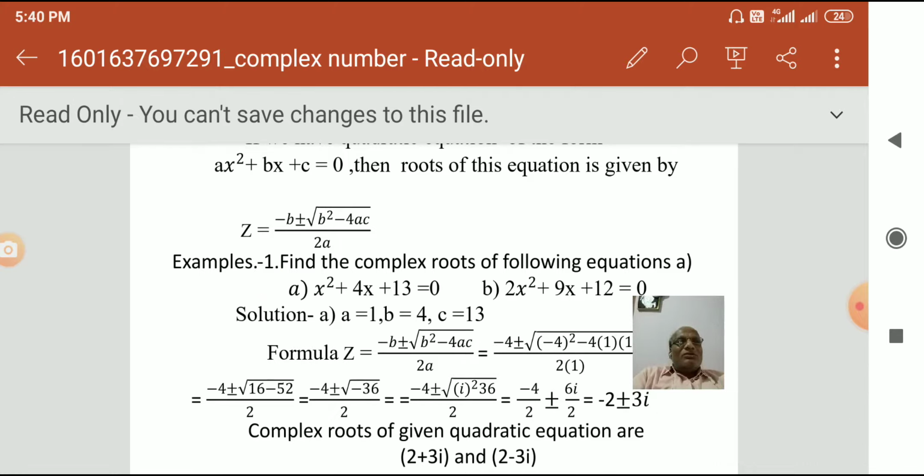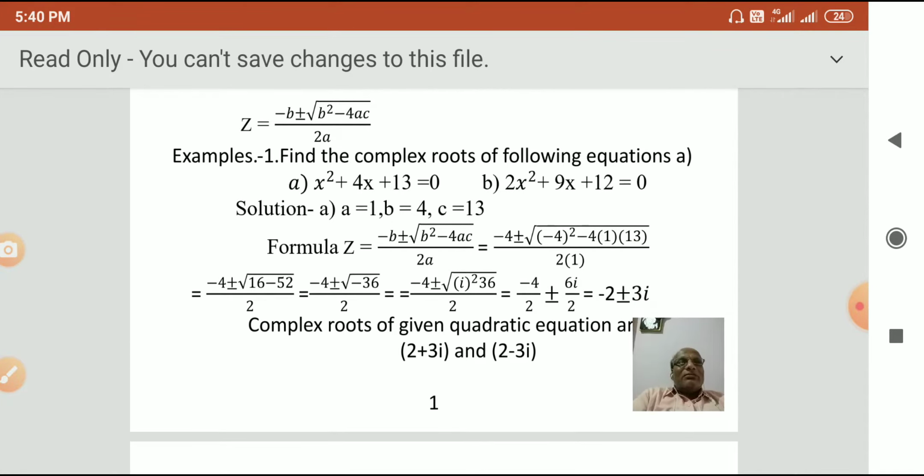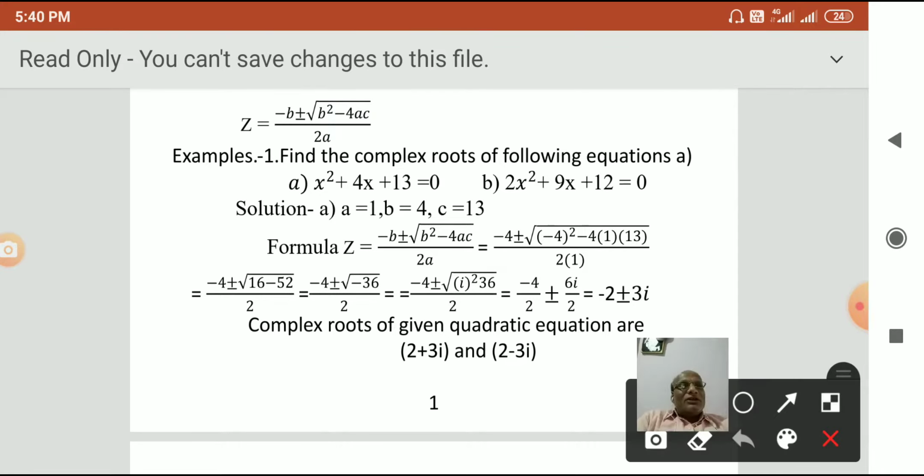Now if we know the value of a, b, and c, then we can find the complex root using the formula as usual, that is z equal to minus b plus or minus square root of b square minus 4ac, total divided by twice a.